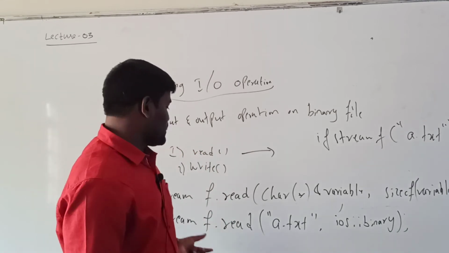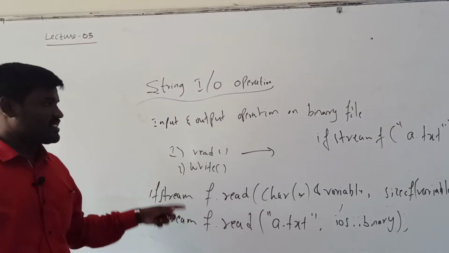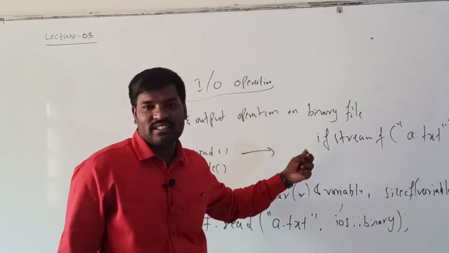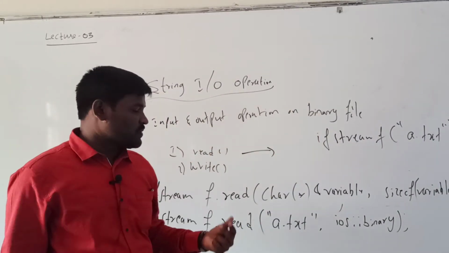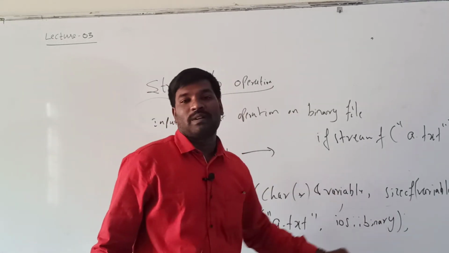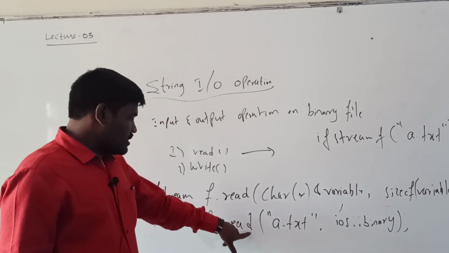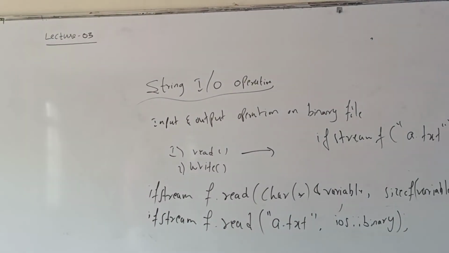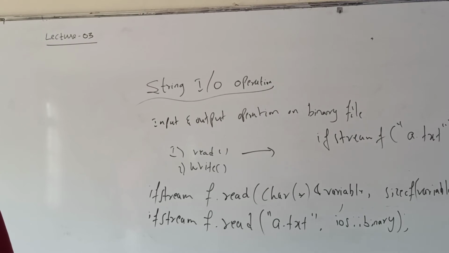That's why in the read or write case, if you are working on a binary file, the file must be opened with the help of ios scope resolution of binary.